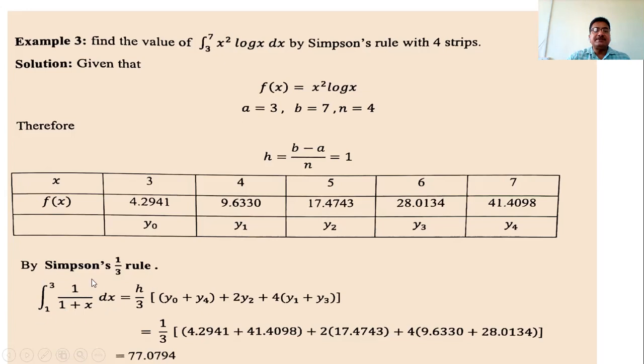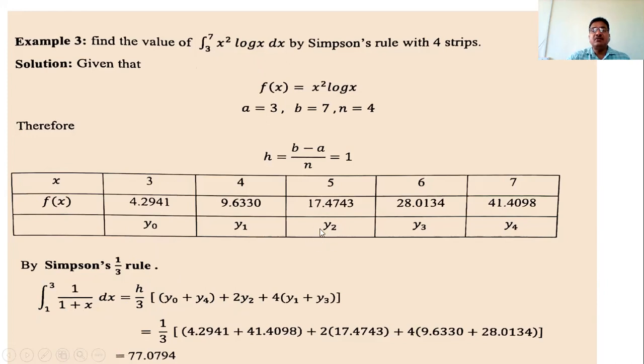Here write the left side as integral 3 to 7 x square log x dx is equal to h by 3 times the RHS: y0 plus y4, first point plus last point. First value of y plus last value of y plus 2 times the even suffix.